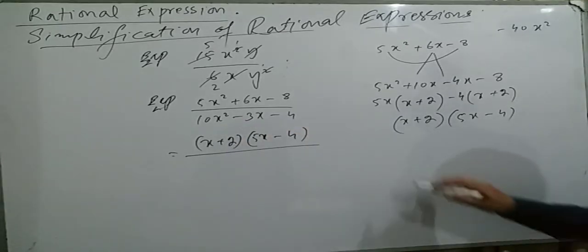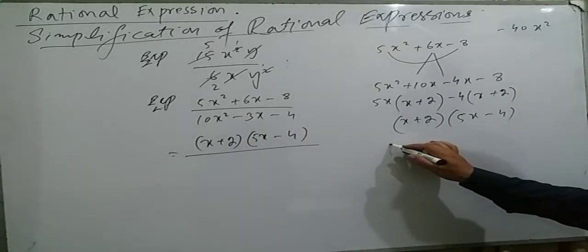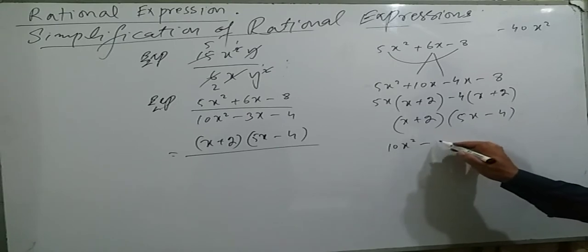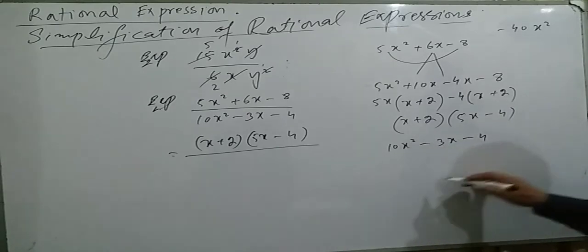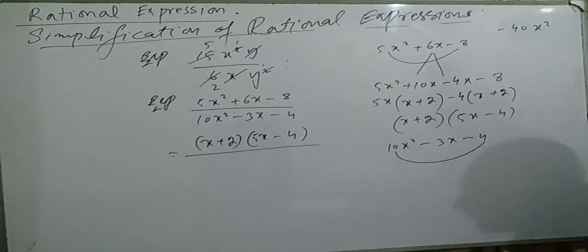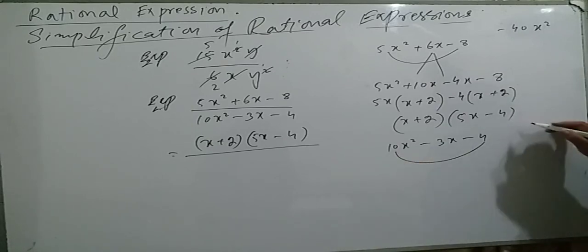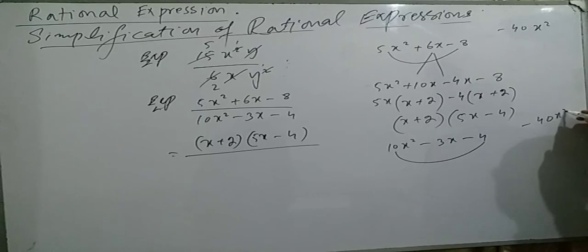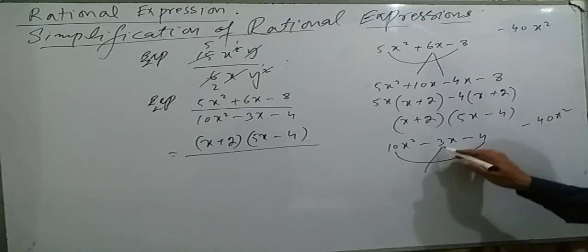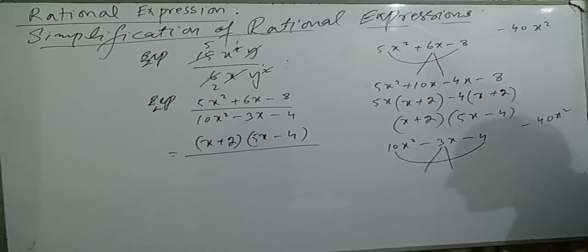Divided by. Now make the factors of the second one in the denominator, 10x square minus 3x minus 4. Multiply first and last again. 10 multiplied by minus 4, so minus 40x square again. Make two parts of this one. The addition or subtraction should give you minus 3x.